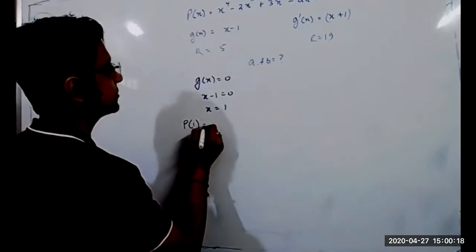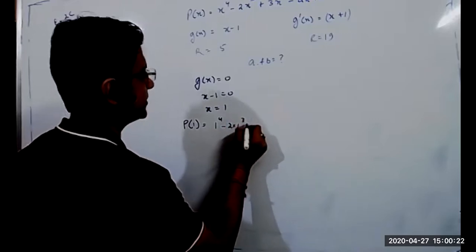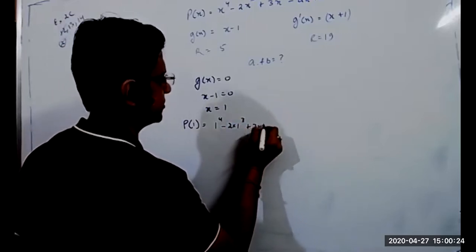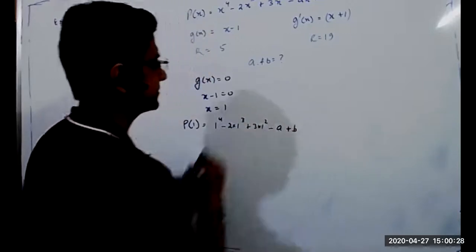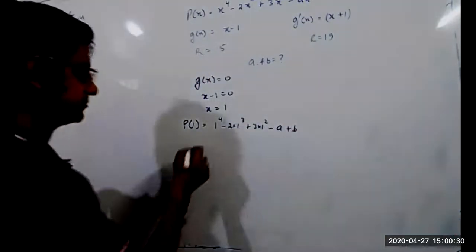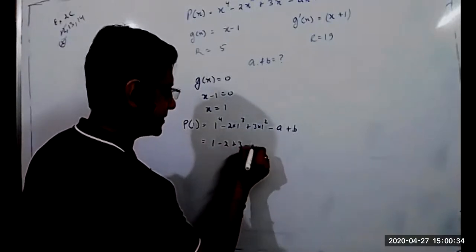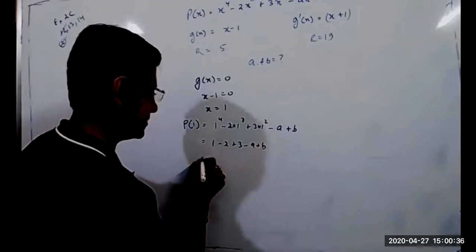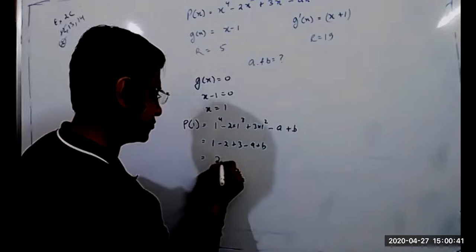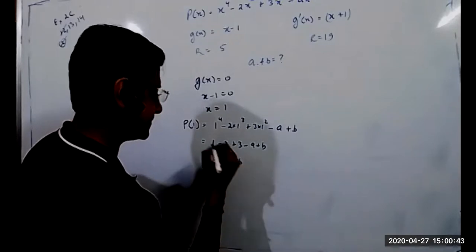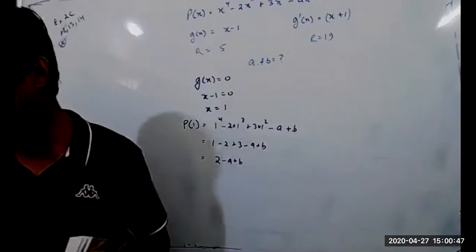That is p(1) equals 1 to the power 4 minus 2 into 1 to the power 3 plus 3 into 1 square minus a plus b. Any doubt? 1 minus 2 plus 3 minus a plus b. 4 minus 2 is 2, 2 minus a plus b. So this is equal to what?